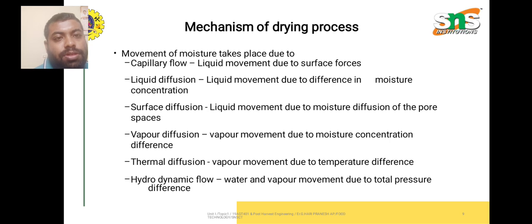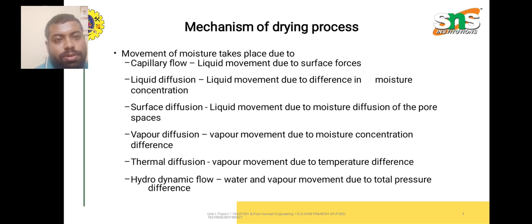Mechanism of drying process. Movement of moisture takes place due to various conditions like capillary flow, liquid diffusion concentration, surface diffusion, vapor diffusion difference, thermal diffusion, and hydrodynamic flow difference. First is capillary flow. In this, the liquid movement is due to surface forces. In liquid diffusion, the liquid movement is due to difference in moisture concentration.